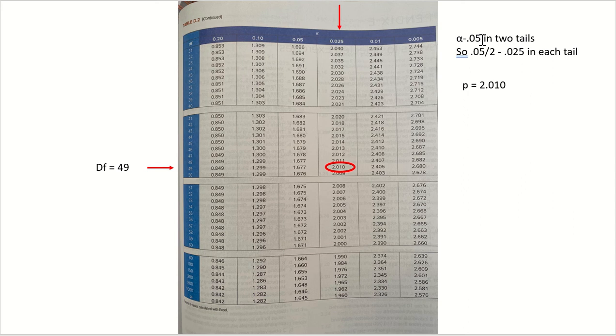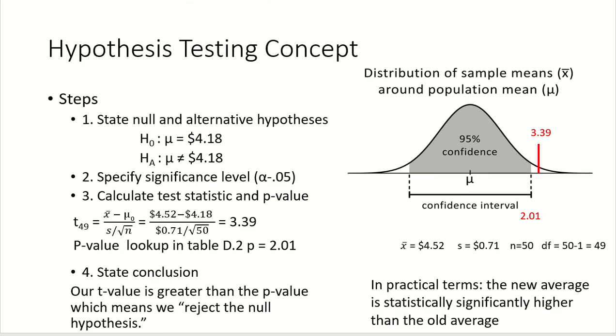So if the alpha is 0.05 and we're talking two tails, I'm really looking at the 0.025 in each tail. So I'm looking down this column, 0.025 for alpha, degrees of freedom 49. My value, therefore, is 2.010. I'll mark that over here for my area that I'm interested in.